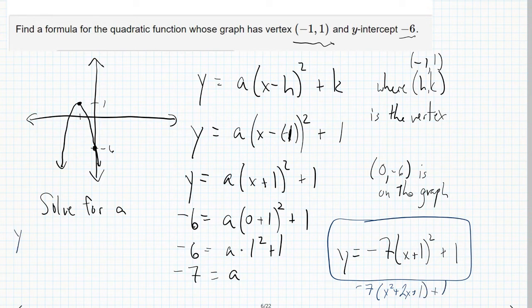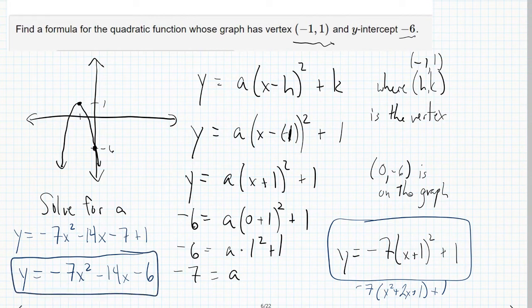So notice this would be the same thing as y equals -7x squared minus 14x minus 7 plus 1. And so that would give us another format for this final answer. It is -7x squared minus 14x and then minus 6. Both of those represent the same thing. Okay? So it's just working with those and trying to manipulate our answer in the format we want.